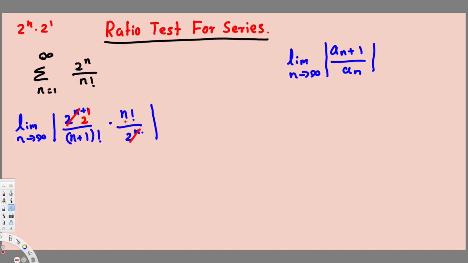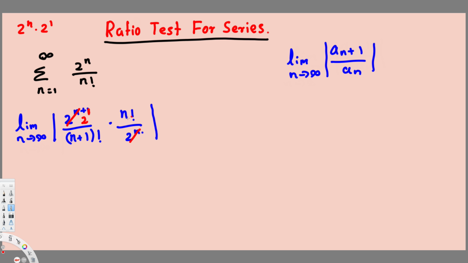You can think about 6 factorial and 6 plus 1 factorial. 6 factorial is 6 times 5 times 4 times 3 times 2 times 1, right? And 6 plus 1 factorial means 7 factorial, which is 7 times 6 times 5 times 4 times 3 times 2 times 1.